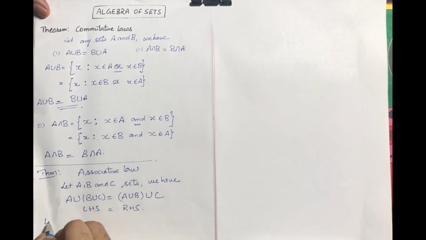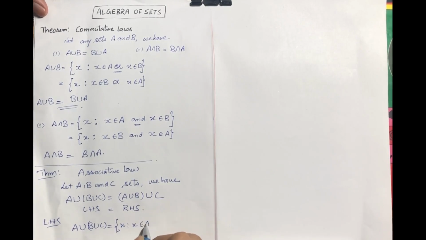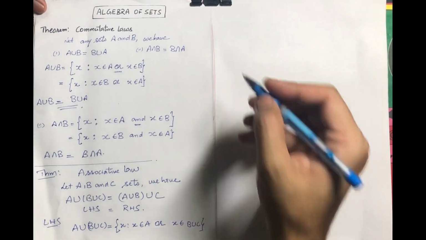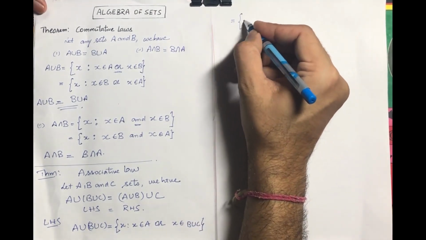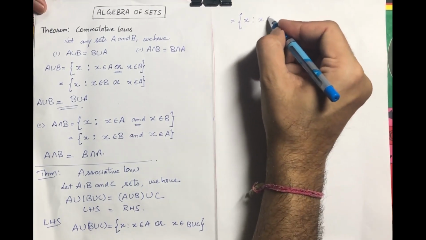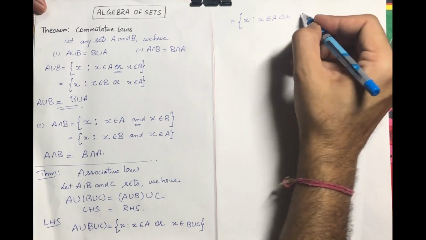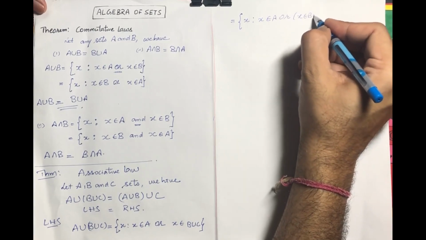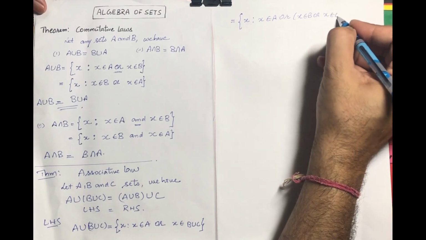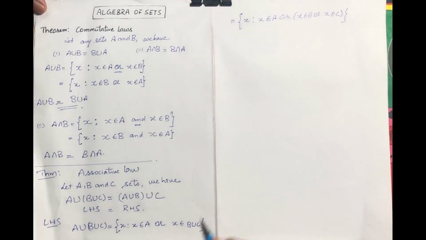To prove this, we start with the left hand side, that is A union (B union C), which is: x is an element, x belongs to A or x belongs to B union C, which further implies x belongs to A or x belongs to B or x belongs to C, because of union here.